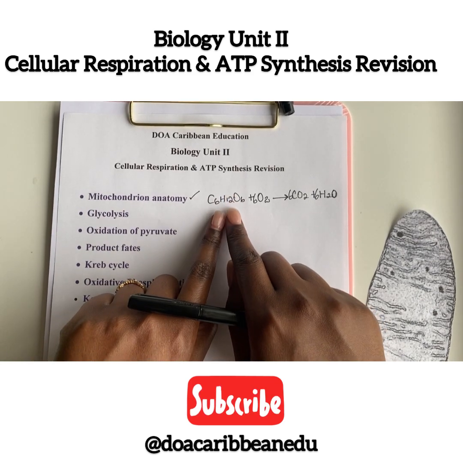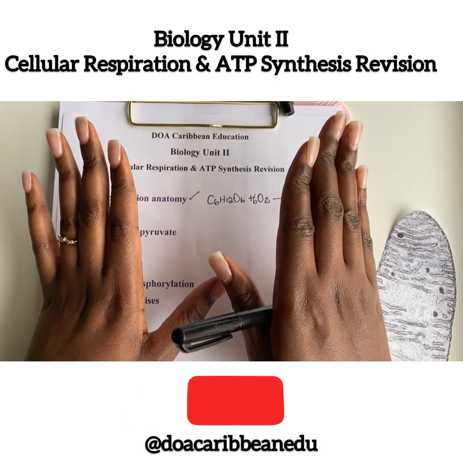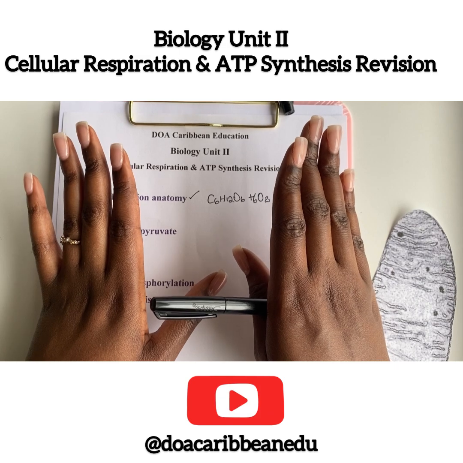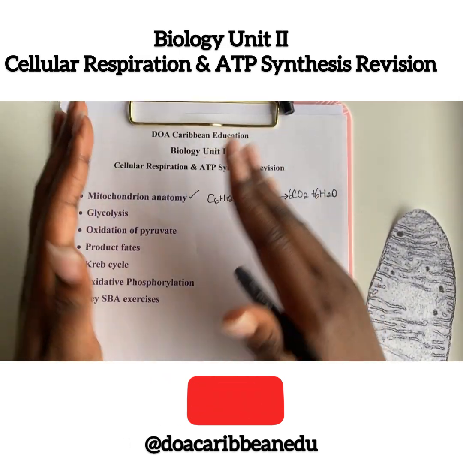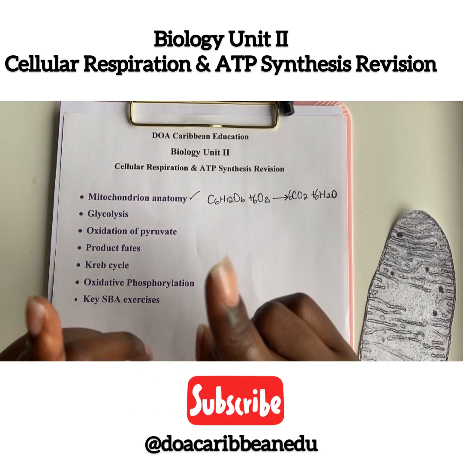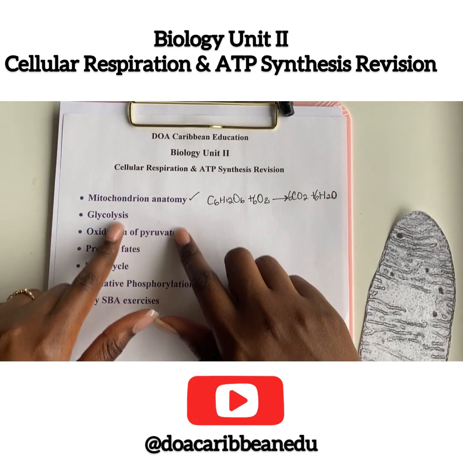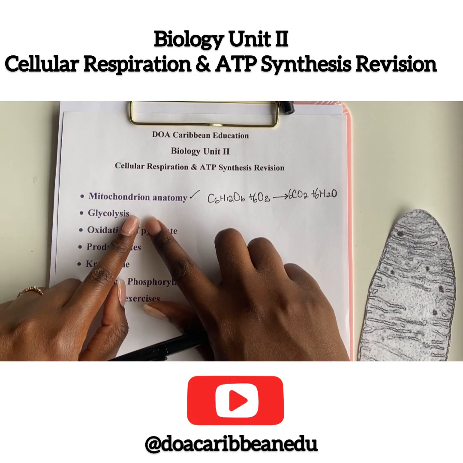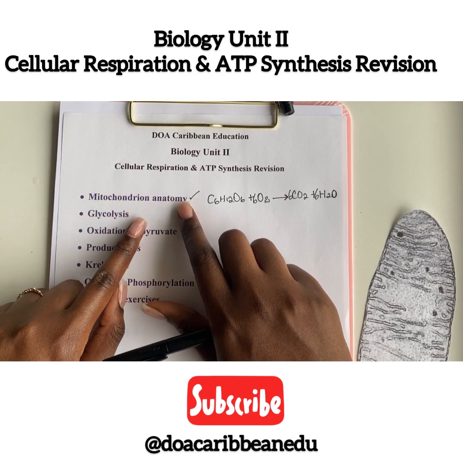For your exam, you guys are super lucky. You don't need to know the name of the enzymes. You don't need to know the names of all of the intermediates that are broken down. It is important, though, that you need to consider the currencies of these processes. For glycolysis, it uses 2 ATP molecules.